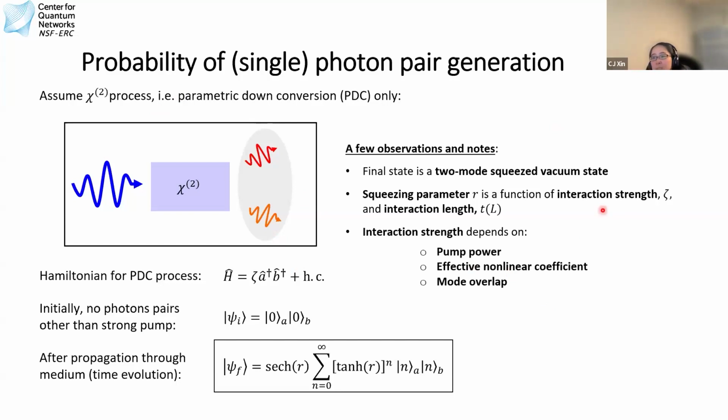Roughly speaking, your interaction strength will scale linearly with power and linearly with the nonlinear coefficient, I believe. And the mode overlap ends up being a little weird because there are 3 modes. It ends up having units of 1 over area, and we call it an effective area, and the smaller it is, the better.